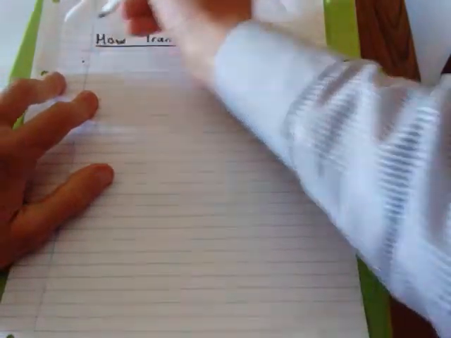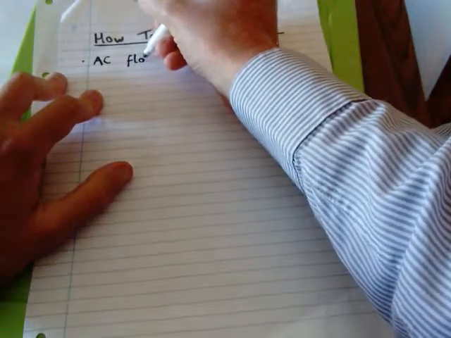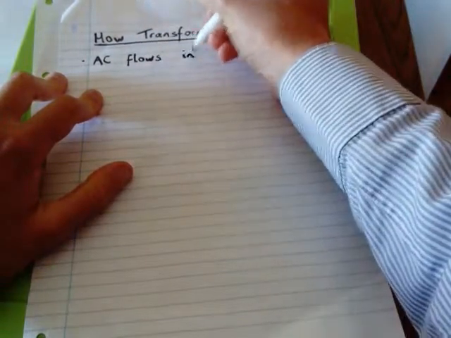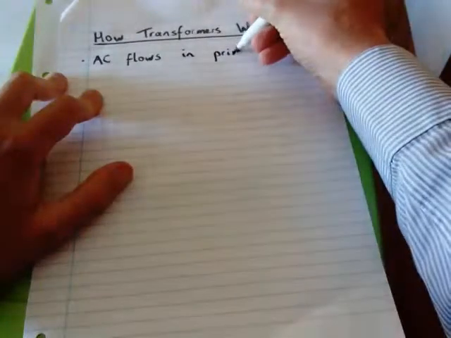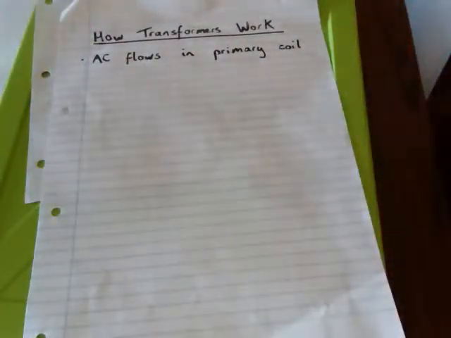It starts, and we're going to do these somewhat in note form. So rather than using the phrase alternating current, I'm going to use AC and trust that you now understand that. You've been exposed to that shortening for long enough. So it starts here: AC flows in primary coil. Remember, whenever a current flows, you have a magnetic field.